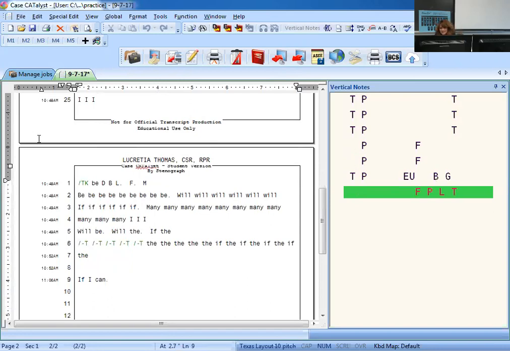If I can is TP for F, EU is I. This is final K, B, G, and it's "if I can," a phrase. So write it down and pick it up, okay? I didn't give that to you before, but it is a phrase. Write it down. If I can is F, EU, I, and B, G is final K.